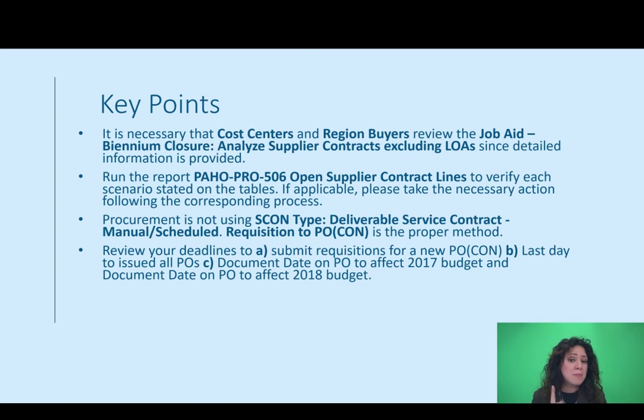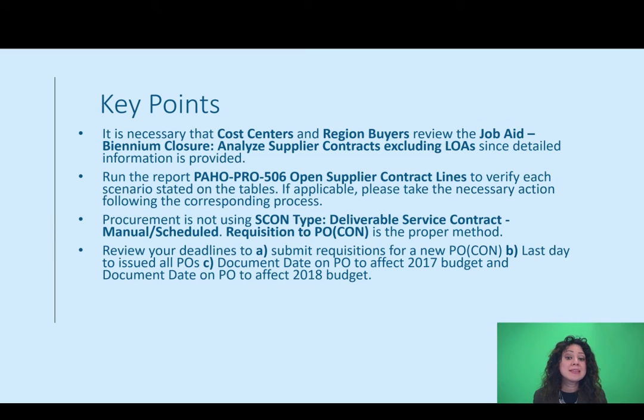Procurement, let's remember that procurement is not using SCON types deliverable, service contract manual, or schedule. The new way of doing service contracts is through a requisition to a PO, a purchase order, that we call CON, C-O-N, which is the proper method.